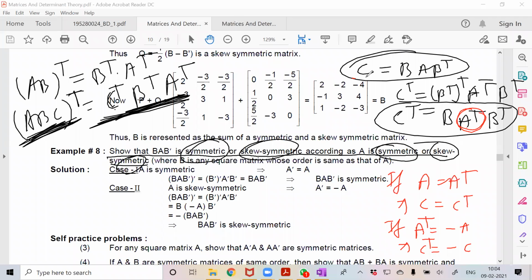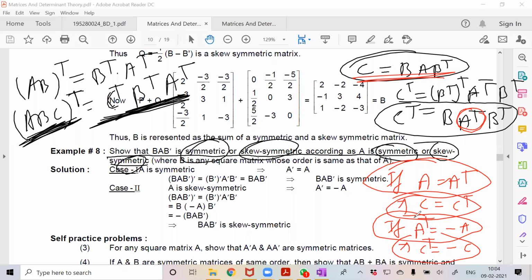You just take the transpose. Two cases: if A is symmetric, then C is symmetric. If A is skew symmetric, then C is skew symmetric. In place of A transpose you will use A, so you get C itself. In place of A transpose you will use minus A, and you get C transpose is minus C. So try to do this on your own.